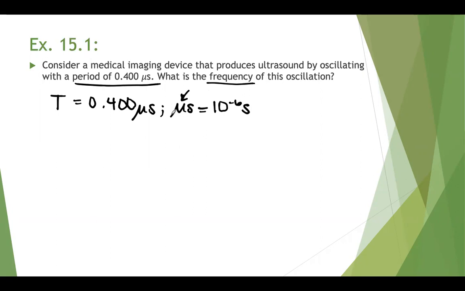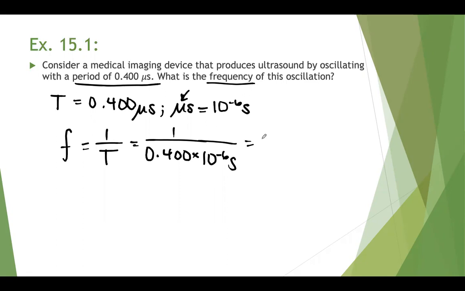That mu here, okay, this symbol. So we are wanting to find the frequency. So the frequency, like it stated in the last slide, is 1 over the period. Okay, so we'll take 1 over our period, which is 0.400, and I'm going to go ahead and convert it to seconds. So times 10 to the negative 6 seconds.